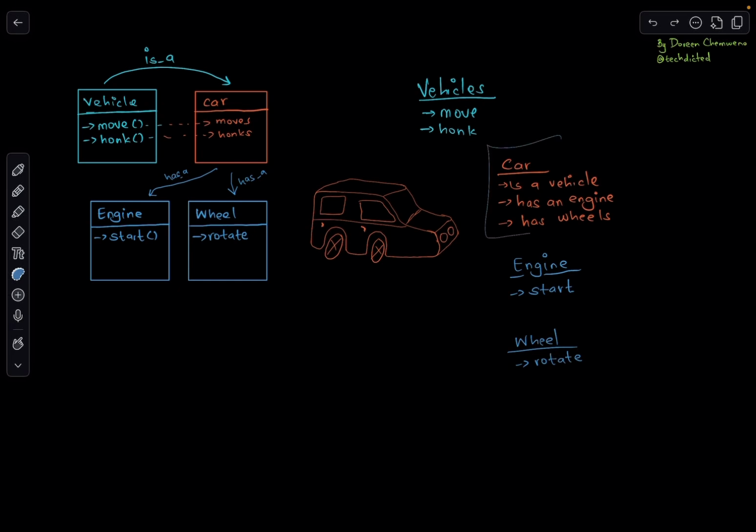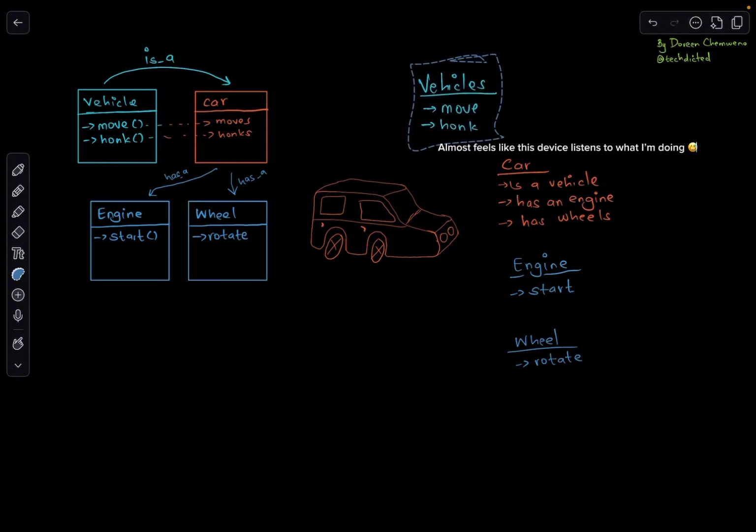Like this car I'm creating here, if I create a lorry somewhere here, or a double cabin somewhere here, all of them can inherit this, because they all move and they all honk. And I will assume for this case that they move forward and back the same way, and they honk the same way.